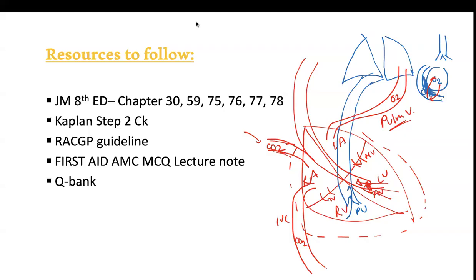Does it make sense to everyone? Because this is the most important thing. Throughout the cardiology class, this simple basic will help you a lot to understand a lot of things we're going to talk about. Everyone clear?